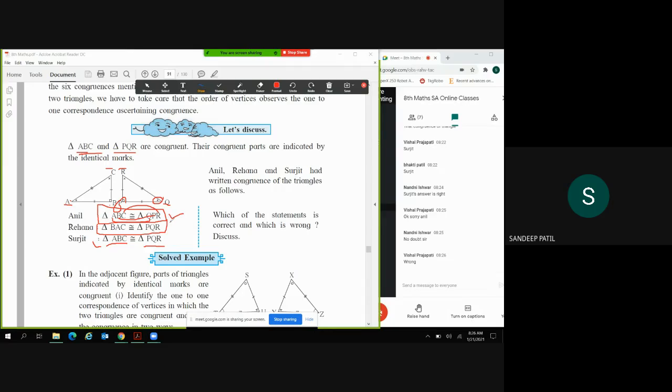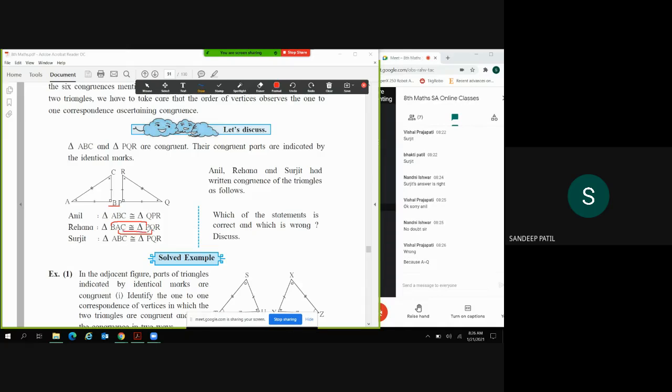Why is it wrong? Okay, see, BAC and PQR. So B corresponds to P. Is that correct? Okay, correct. A corresponds to Q. Is that correct? It's correct.